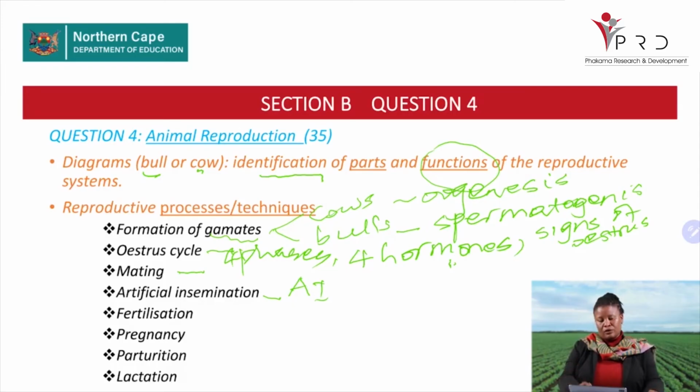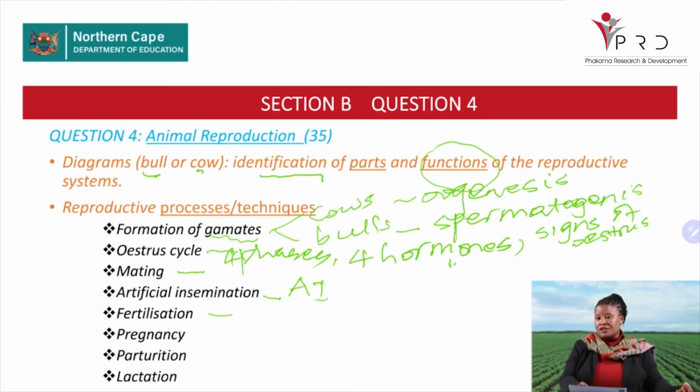But you need the semen from the bull for that artificial insemination. And remember, artificial insemination is going to be used if the natural way is not working well.